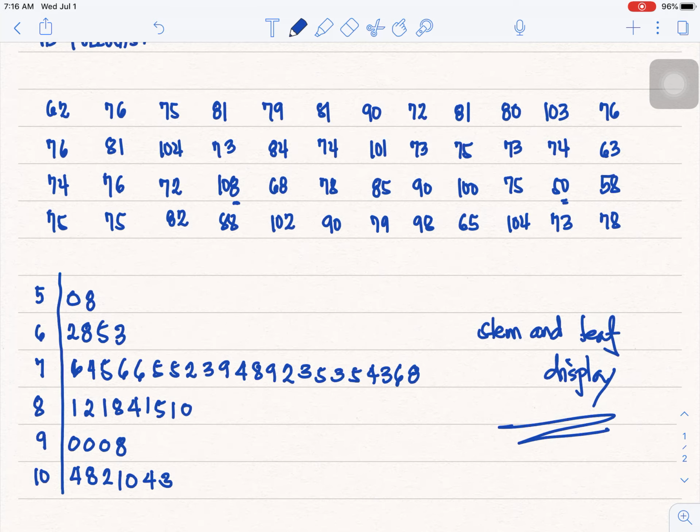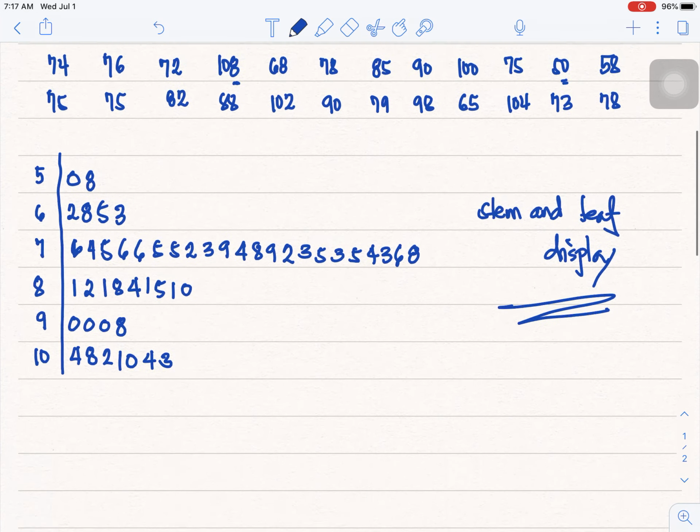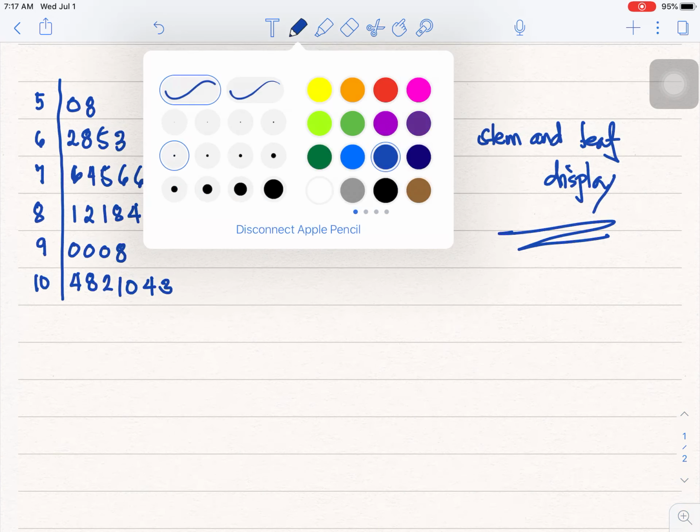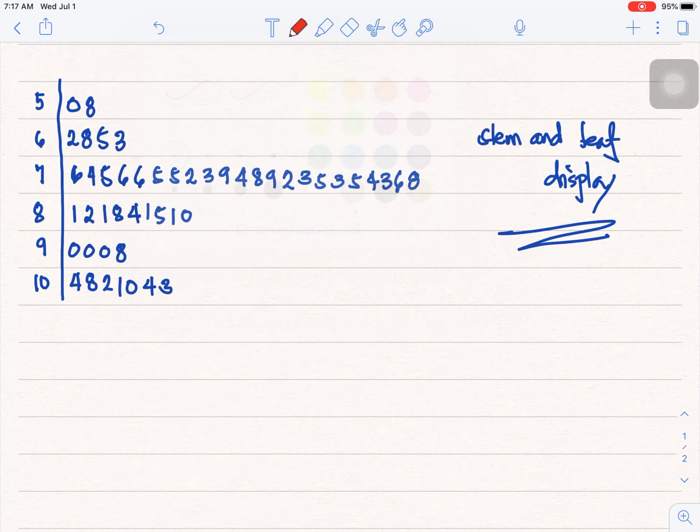Next, we can now easily arrange our data. Let me change the color of my pen. We have here the smallest, 50. Then 58, then 62, then 63, then 65, then 68.